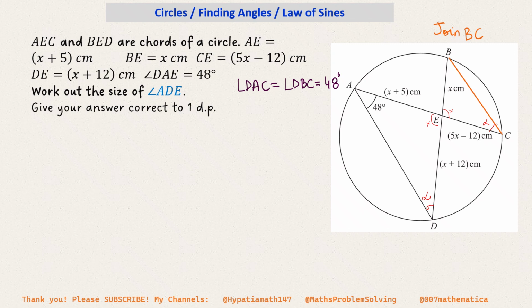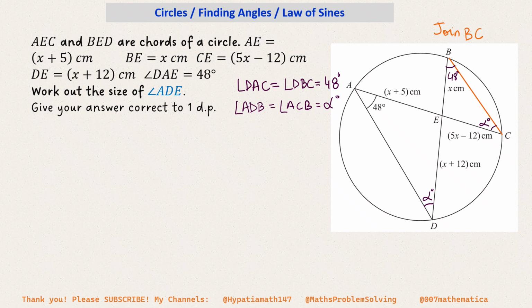If you can find out what x is, then you can use the law of sines. I thought we could use the law of sines instead of the law of cosines, so it would probably be easier to use the law of sines. So that's what I did. Start with joining BC, and then assume that angle ADB is alpha.